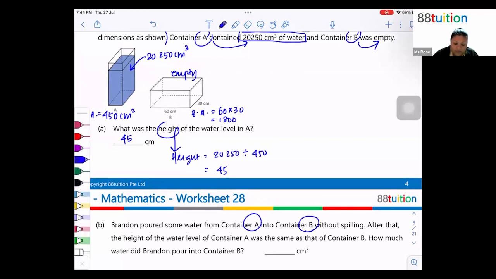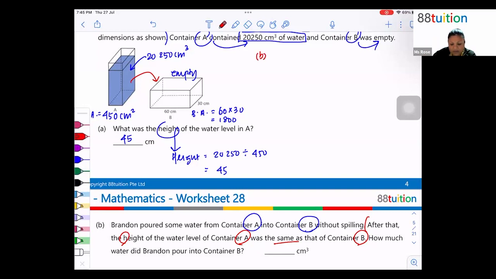So A pours into B. After that, the height of the water level in A was the same as the height of the water level in B. So we know that after A pours into B, the height remains the same.